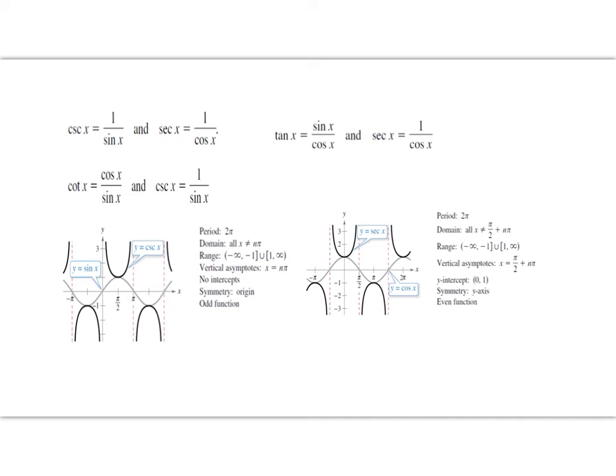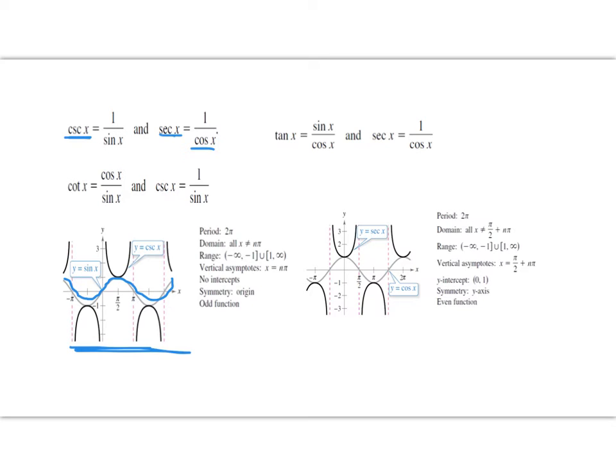Next one. Okay, so now this is talking about all the other ones. We've done tangent, we've done cotangent. So now we need to think about the cosine and the sine. If you remember, the reciprocal of the sine is the cosecant. The reciprocal of the cosine is the secant. So if you notice on this one, this is the cosecant, and this is your sine.